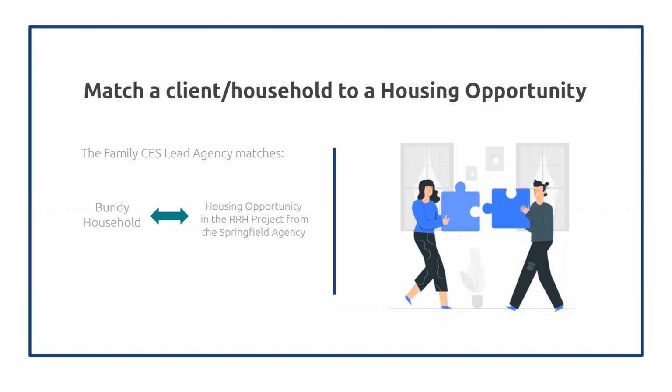Here, I'm not going to deep dive into the process of doing the match in HMIS, because this is only applicable for a small group of users in the CES lead agencies. But I will include knowledge-based articles with step-by-step instructions on this process in case you are curious about it.